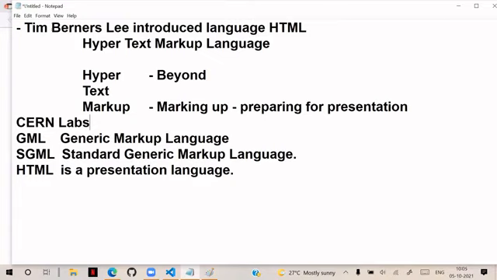Tim Berners-Lee also worked in CERN labs. Many great people worked in CERN labs, like Dennis Ritchie and Ken Thompson. Dennis Ritchie, you know, is responsible for the language C, right? Dennis Ritchie, Ken Thompson, even Steve Jobs and Bill Gates.